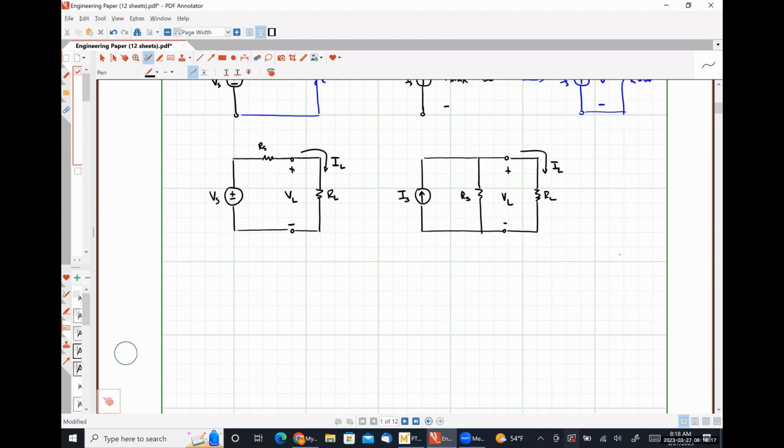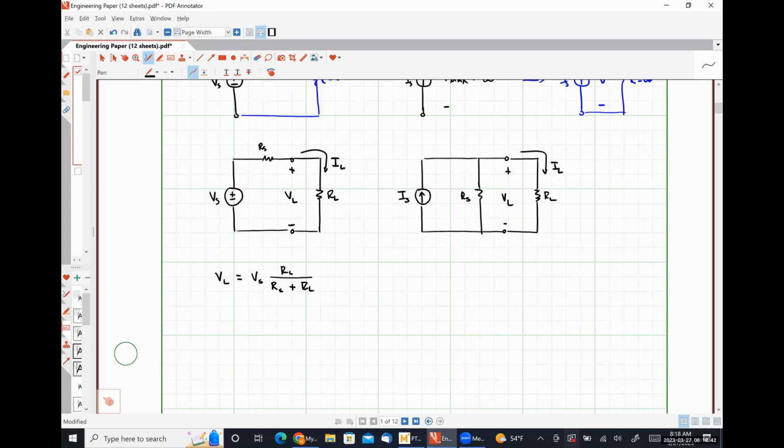So on the left-hand side here, we could say that VL is going to be equal to VS times RL over RS plus RL, just using voltage division.